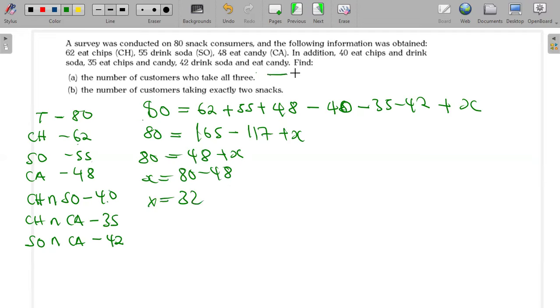So 32 consumers take all the three snacks. We found that one.